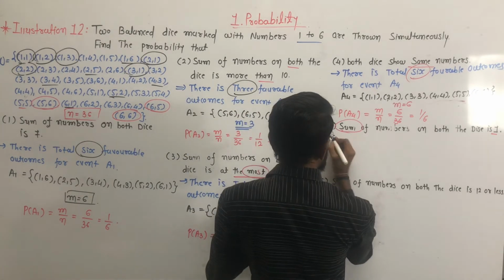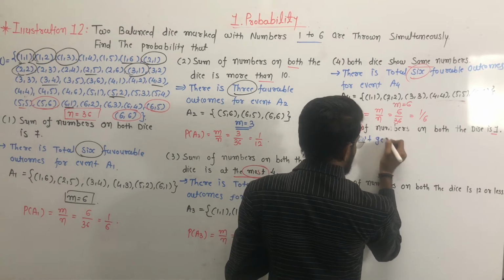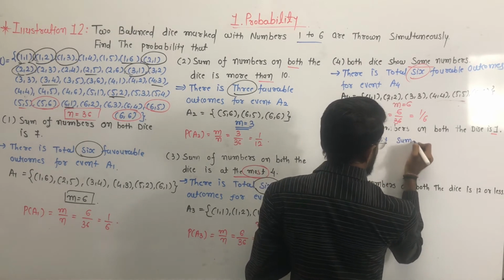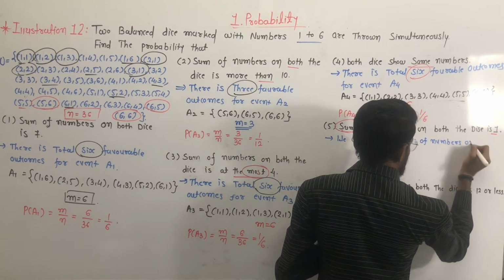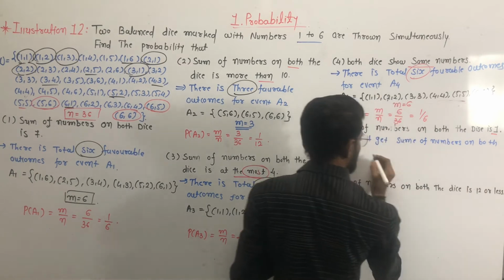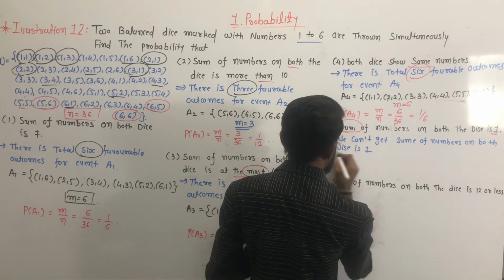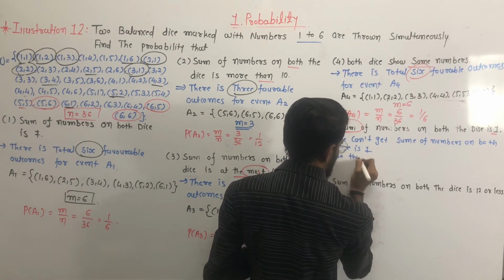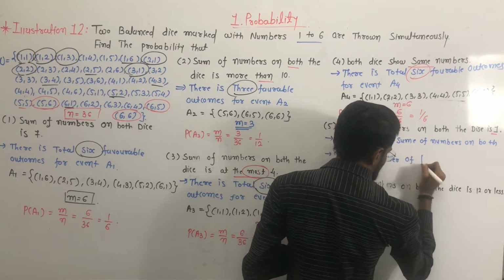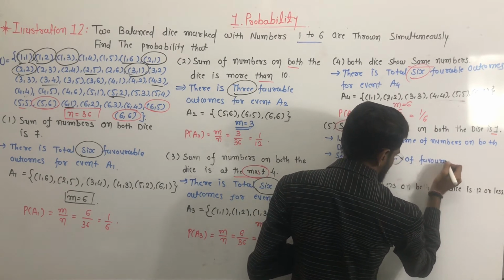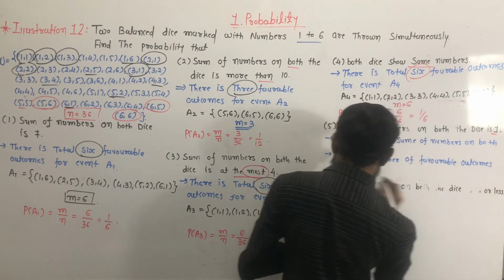For this we can't get the sum of numbers on both dice as 1, so the number of favorable outcomes will be 0.